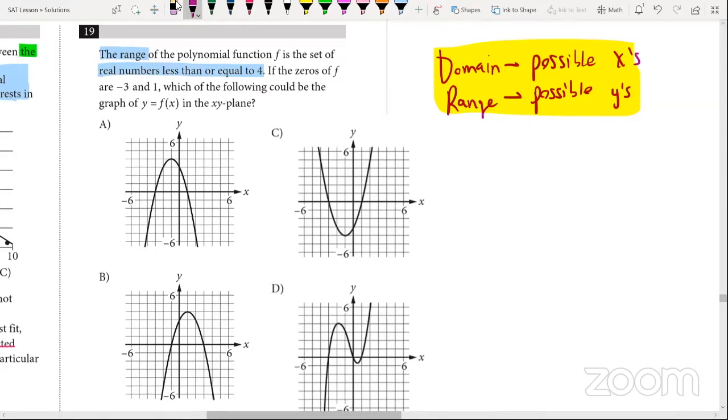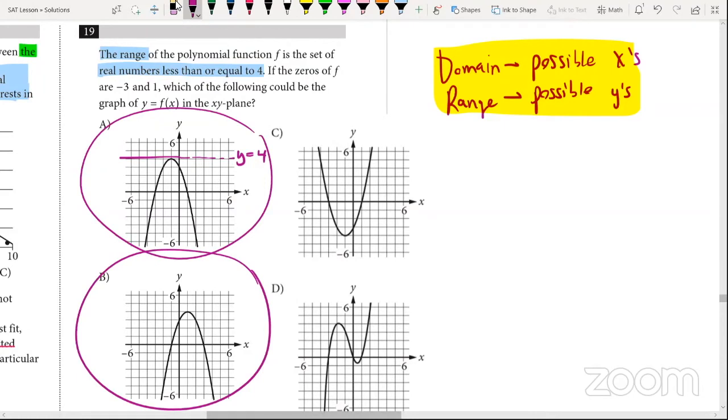So you can go to the line of y, because range is the y value. Y equals 4 is right here, and the graph should only exist below that line. That's going to be true for answer choices A and B only. C goes above 4, and D has a range of all real numbers. It goes all the way up and all the way down.